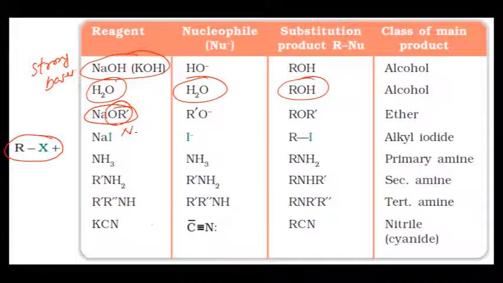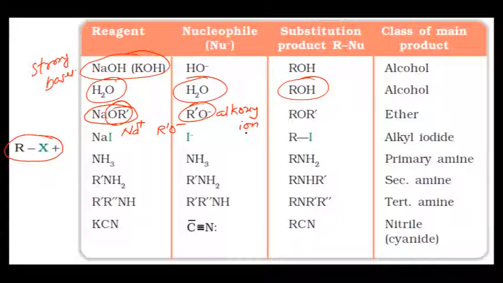The reason is again it gets converted into ions: sodium ion and RO minus, whatever that ion is, which is known as alkoxide ion in this case. Methoxide, ethoxide: if R is a methyl group, methoxide; if R is an ethyl group, ethoxide.